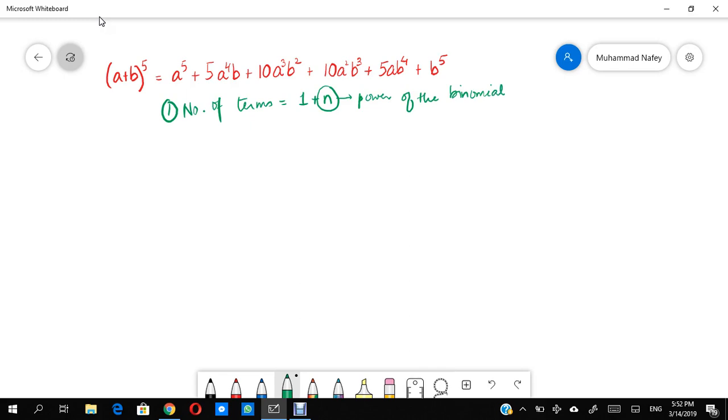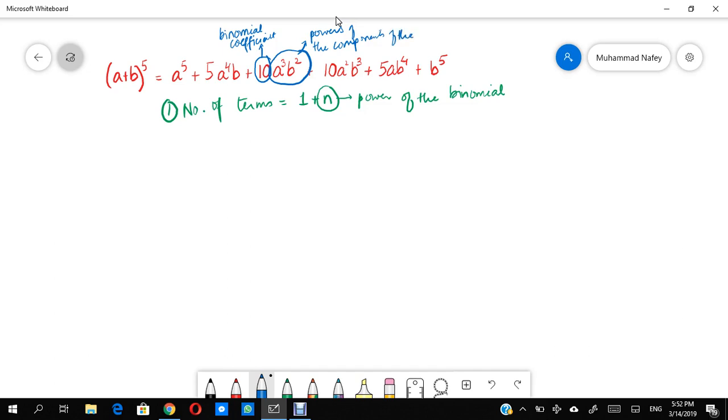Now, if you take a look at any term in the expansion of this binomial, you'll see that these terms consist of two parts. The first part is the coefficient. We call this coefficient the binomial coefficient. And then we have the powers applied to the components of the binomial, that is a and b.